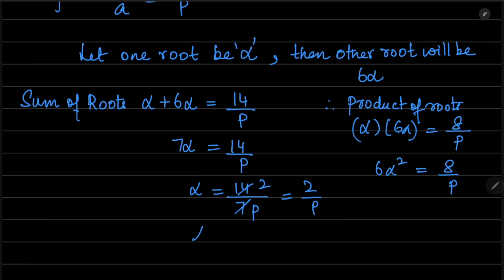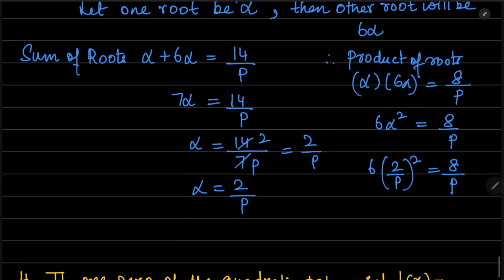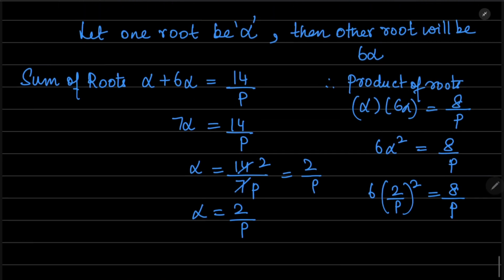What is alpha that you have got here? 2 by p. So, 6 into alpha square will be 2 by p the whole square equal to 8 by p. Okay. So, what do you get here? You will have to solve it. 6 multiplied by 4 by p square, right? 4 by p square is equal to 8 by p.